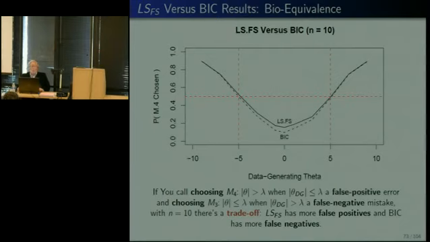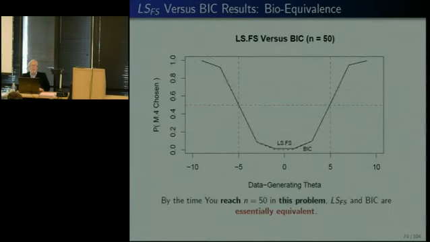But outside of -5 to 5, you want big, and look, log scores are better. So actually we have the trade-off I was showing you. You cannot say that one of them is better than the other uniformly. It's just that they have a different behavior with respect to false positives and false negatives. In the way I said before, full sample log score has more false positives. BIC has more false negatives. Now, by the time we get up to 50 observations, there's nothing in it between them. They're virtually identical, and anything beyond that, they're behaving identically.